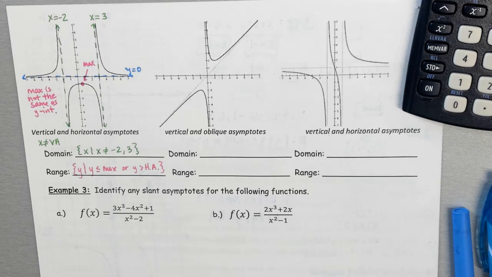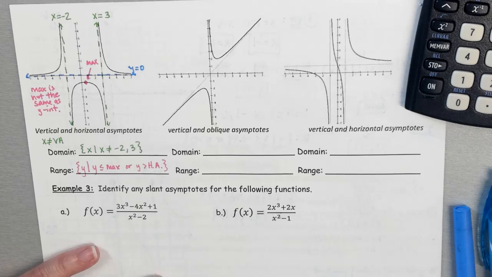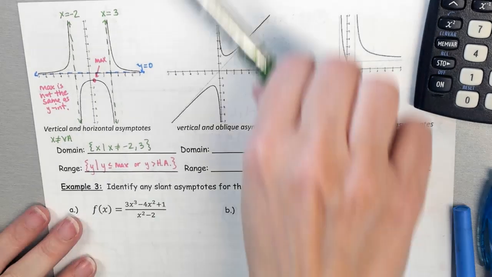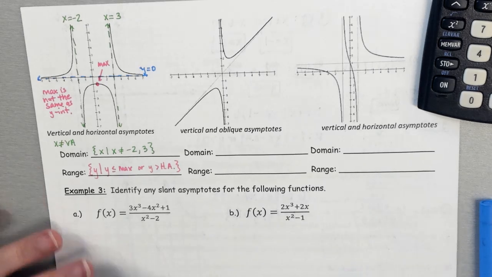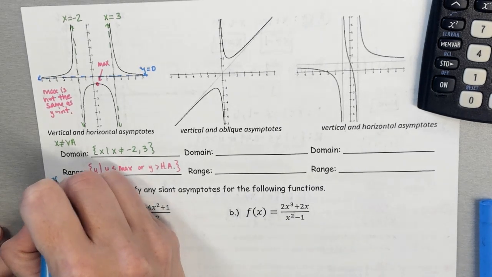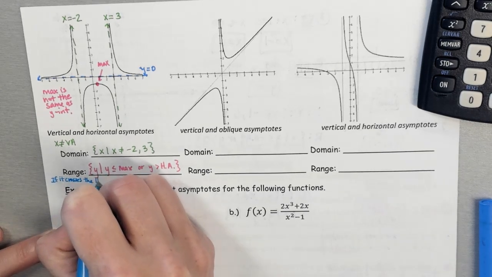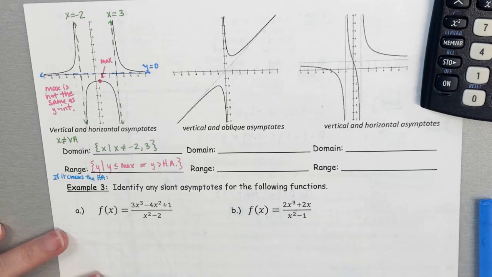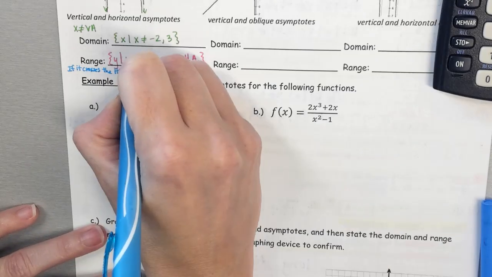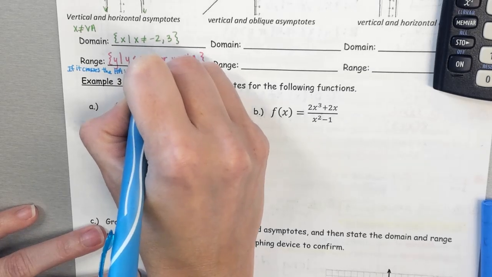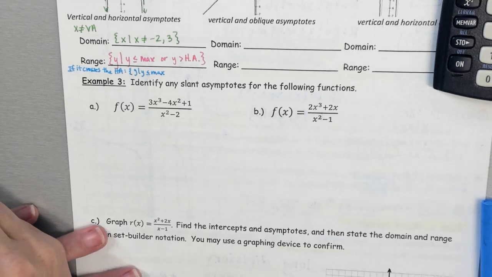Now sometimes this will cross the horizontal asymptote. If that happens, we're going to write out what your range should be. So if it crosses the horizontal asymptote, then the first part is the same. So it's y such that y is less than or equal to the max. It's equal to because the max is part of the parabola.